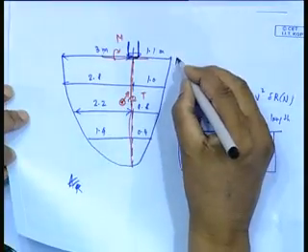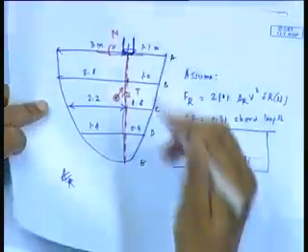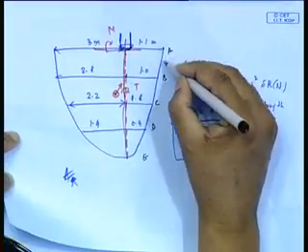So, here we are calling this various levels, if you call this A, B, C, D, E, and these are all 1 meter, I did not mention that, these are all 1 meter.